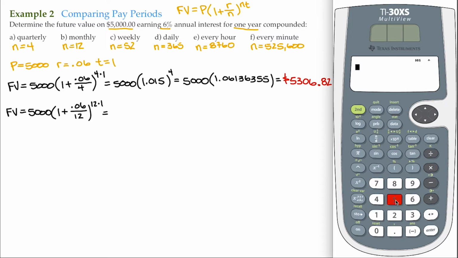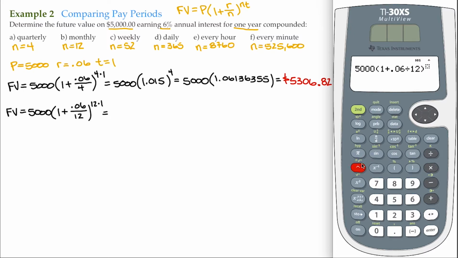So we'll do $5,000 times 1 plus 0.06 divided by 12. Close off the parenthesis. Again, can you see how this looks like this?